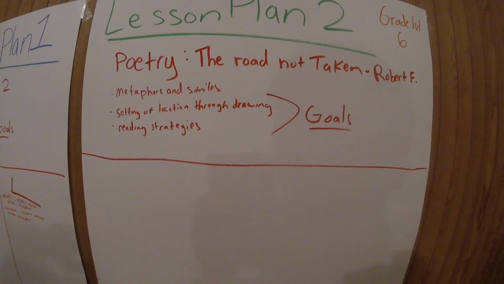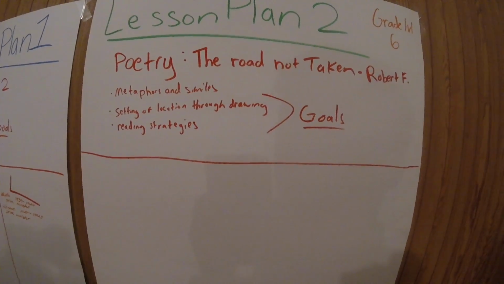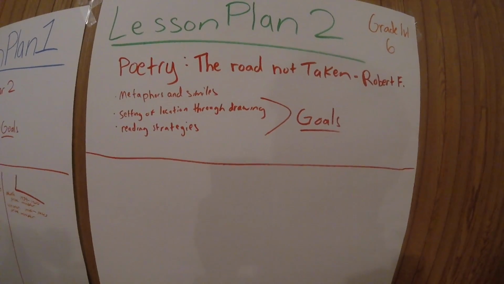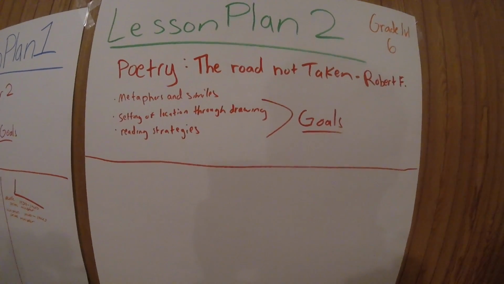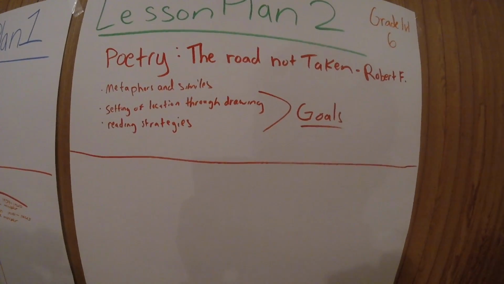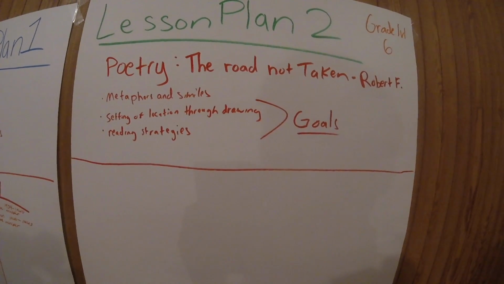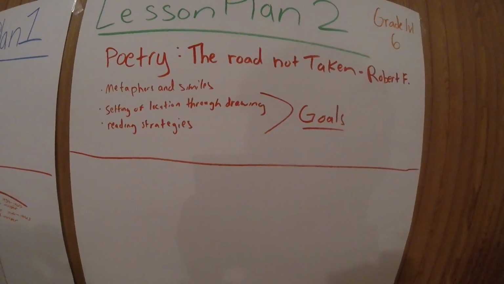I know that this can be a struggle for ELL students because English is their second language. English is also my second language and also Felix's second language. So we came across that growing up. But now it's something where we need to understand, especially when it comes to poetry.